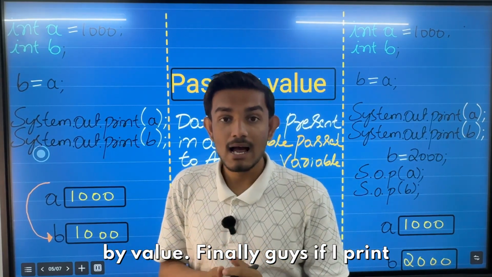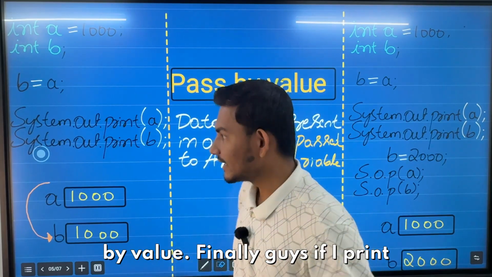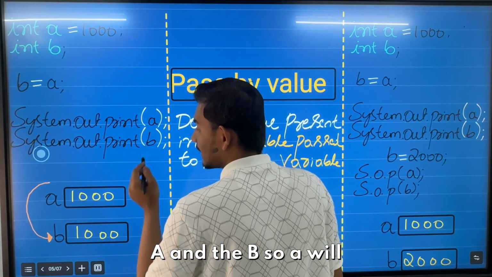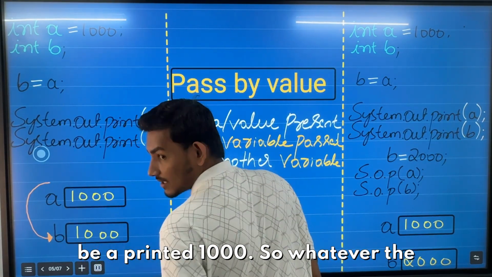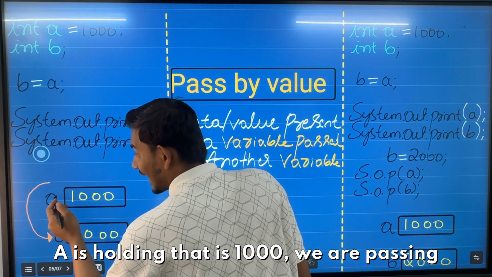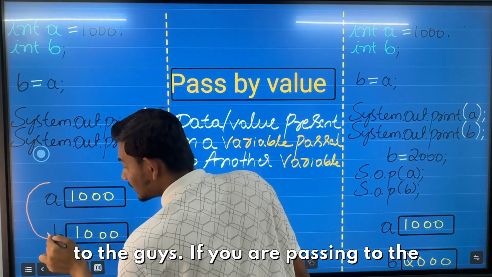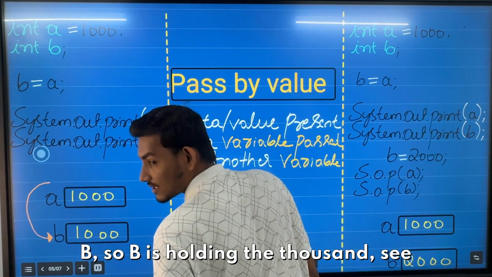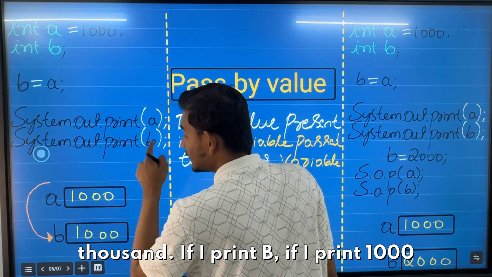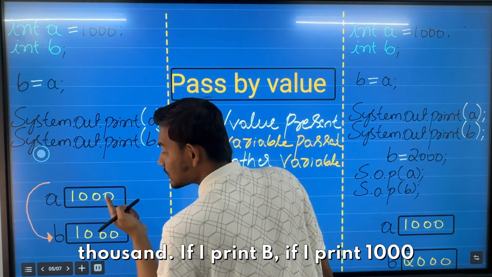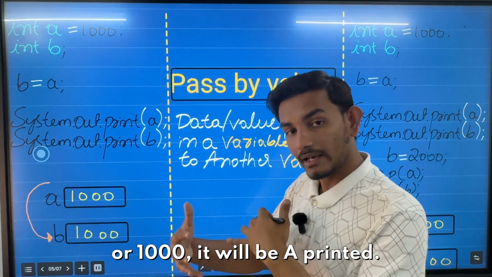So this is known as pass by value. Finally, if I print a and b, a will print 1000. Whatever a is holding, that is 1000, we are passing to b. So b is holding 1000. See, 1000. Now if I print b, if I print a, 1000 will be printed.